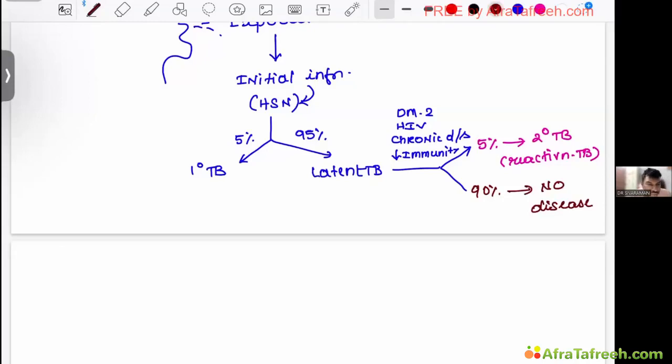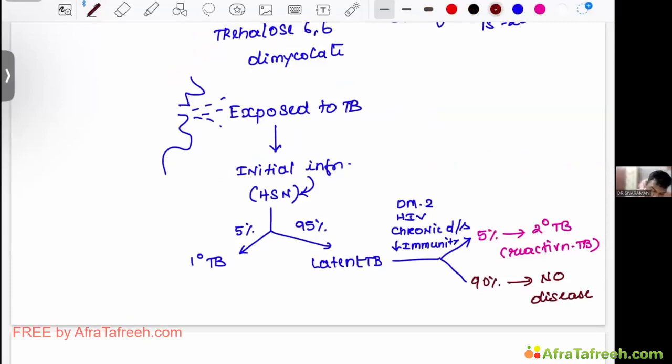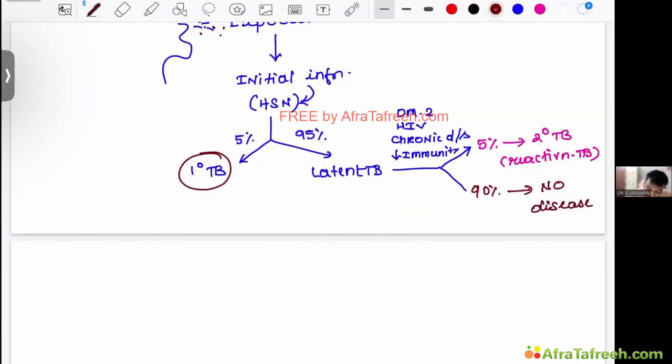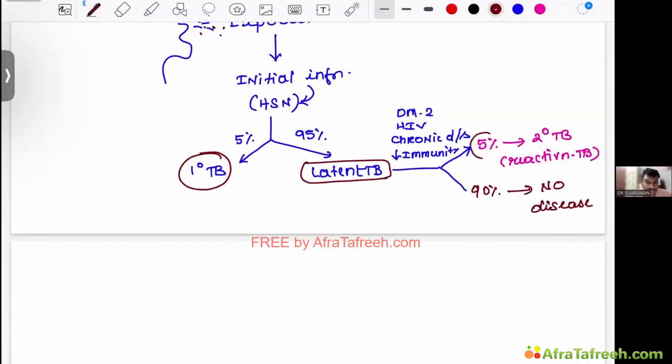Whenever you have any patient with exposure to TB bacilli, around 5% of cases are going to develop primary tuberculosis, and 95% are going to develop latent tuberculosis. And whenever these patients are immunocompromised, 5% of cases are going to become secondary reactivated tuberculosis.